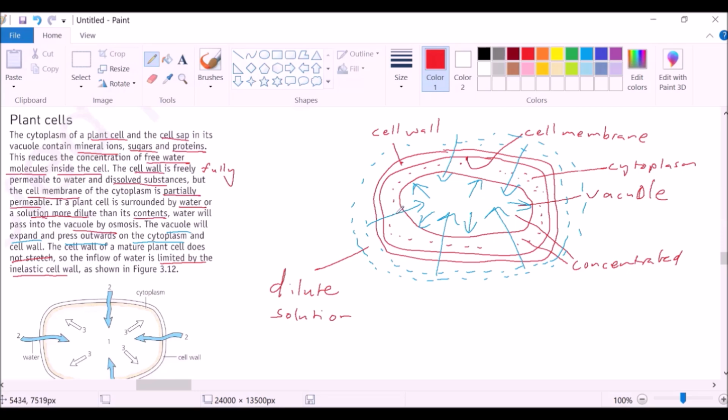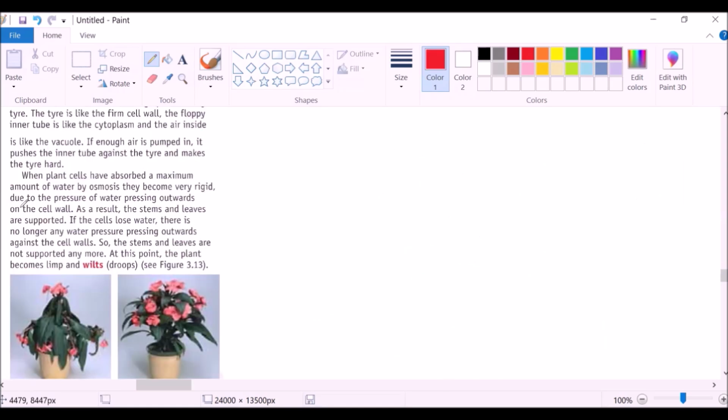The plant cells will not burst because they have this structural cell wall that will maintain the cell. When water inside the vacuole pushes against the cytoplasm and the cell wall, we say the plant is experiencing turgor pressure. So this push against the cytoplasm and the cell wall is what we call turgor pressure. And when the cell is filled with water like this, we say the cell is turgid.